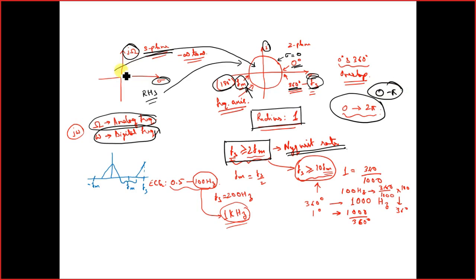Now we have also discussed previously that the left hand side of the s plane gets mapped into the unit circle of the z plane, okay. So left hand side of the s plane gets mapped into the unit circle of the z plane.